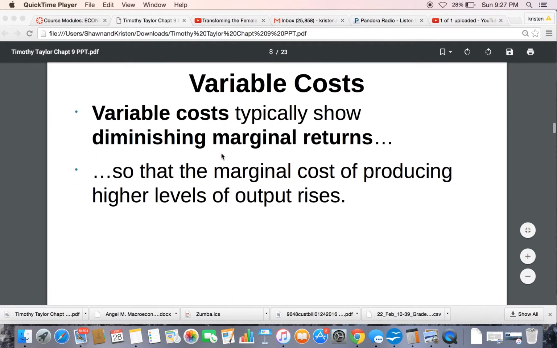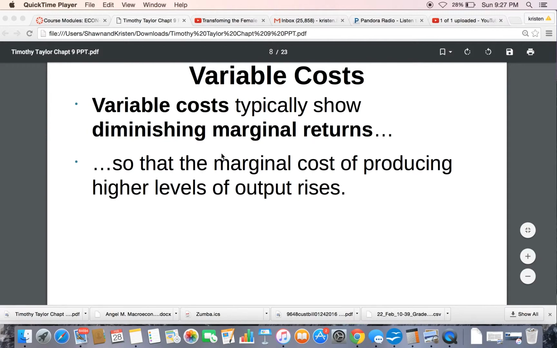One thing to think about is that because we have a fixed cost in the short run, we will have diminishing returns to our marginal product. So variable cost will show these diminishing marginal returns given the following example. Say we have this factory, and in this factory we are making cupcakes. They require labor.